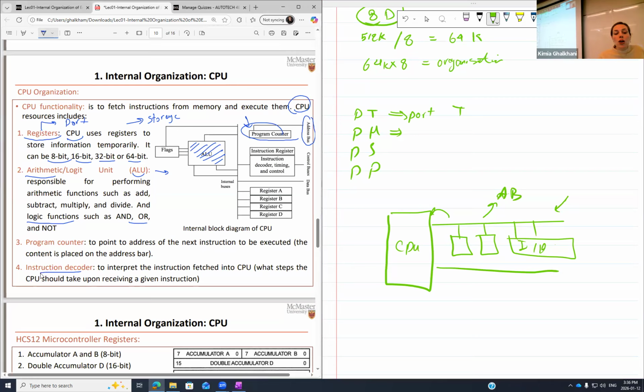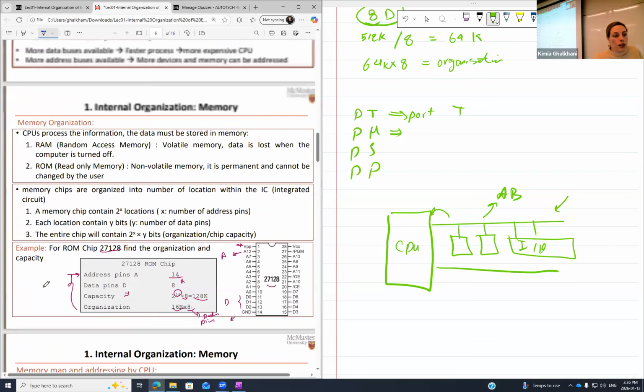And then I have the decoder. Decoder is acting like a translator, like a compiler, right? So that's why the decoder in here is a part of the control bus, not the address bus anymore. So this is connected to the controller. Who can remember what the control bus was? I'm going to just scroll up and show you right in here.